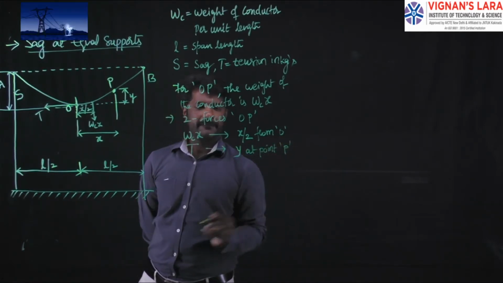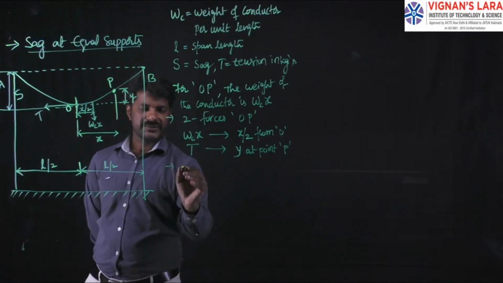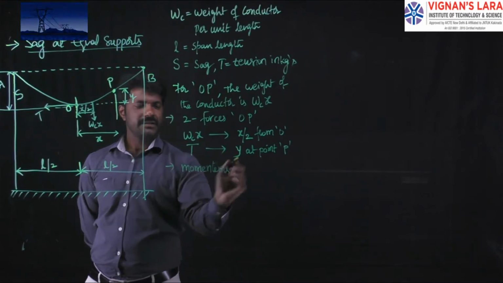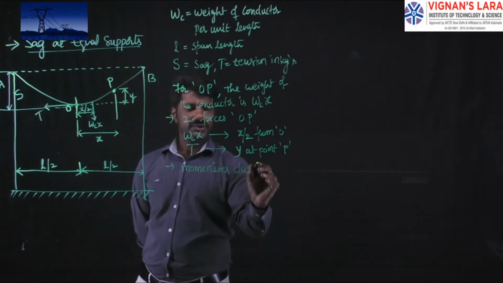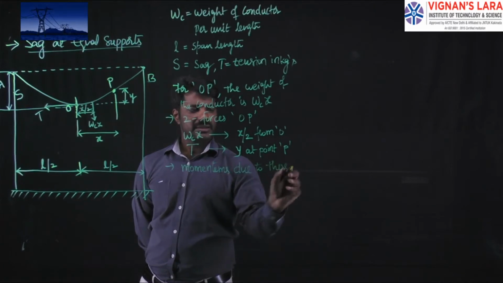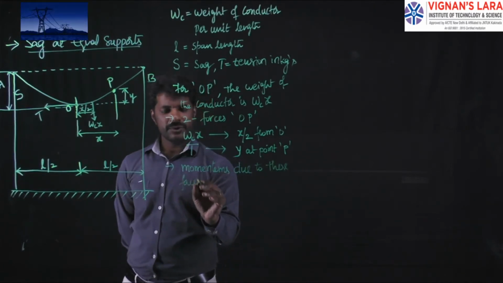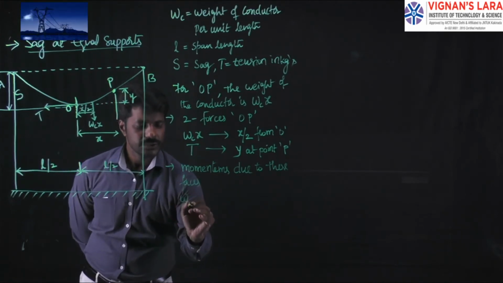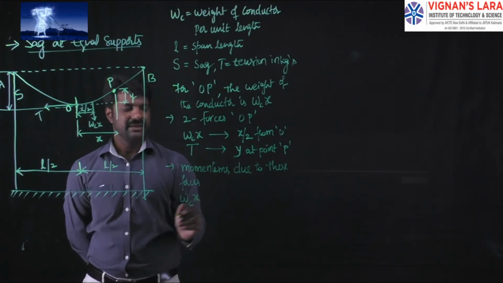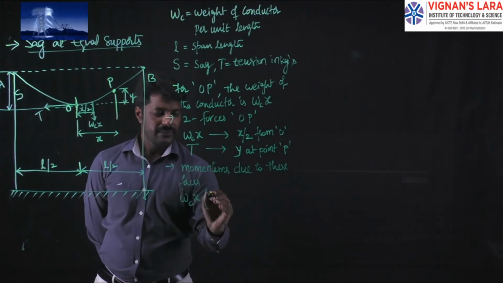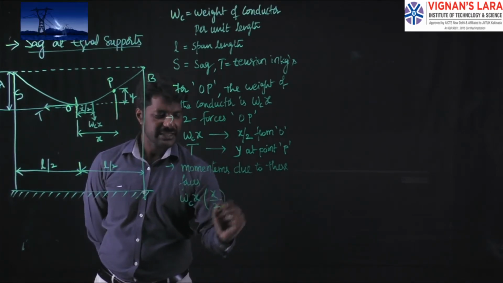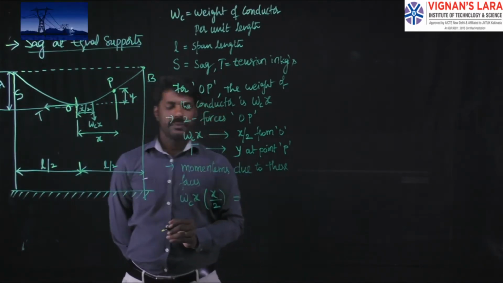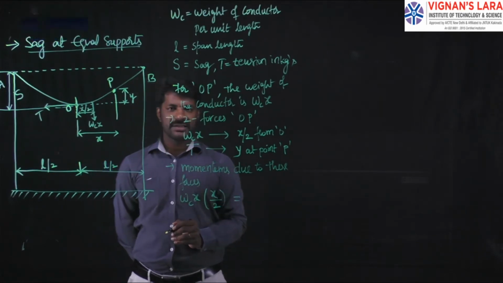At point P, taking the moments due to these forces, we get the moment due to the vertical weight WCX, which exists at a distance of X by 2 with respect to O. This moment should be equal to the moment due to the tension on the conductor.